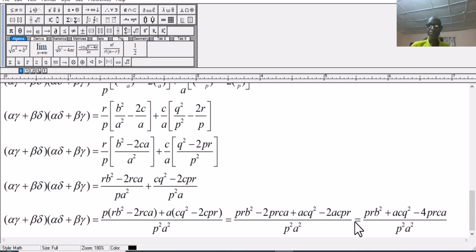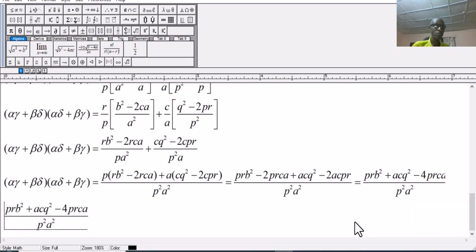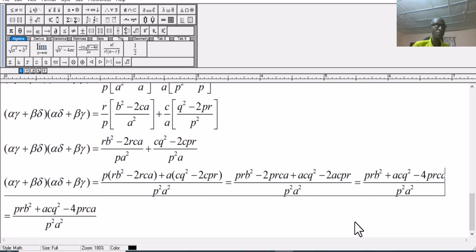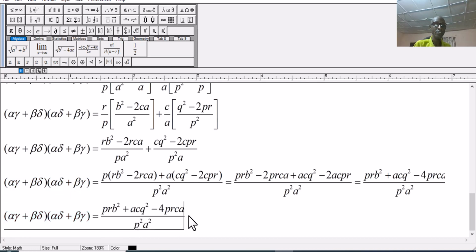So let's leave it like this. We can still factorize if you want to keep factorizing to simplify it further. But for the sake of our time, if this video is longer, it will look boring. So we have this. Let's take this as the product of the new roots.